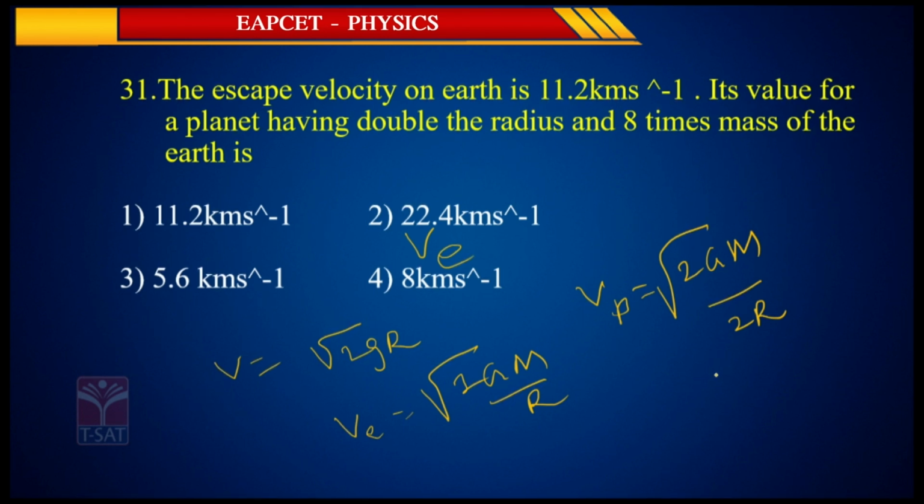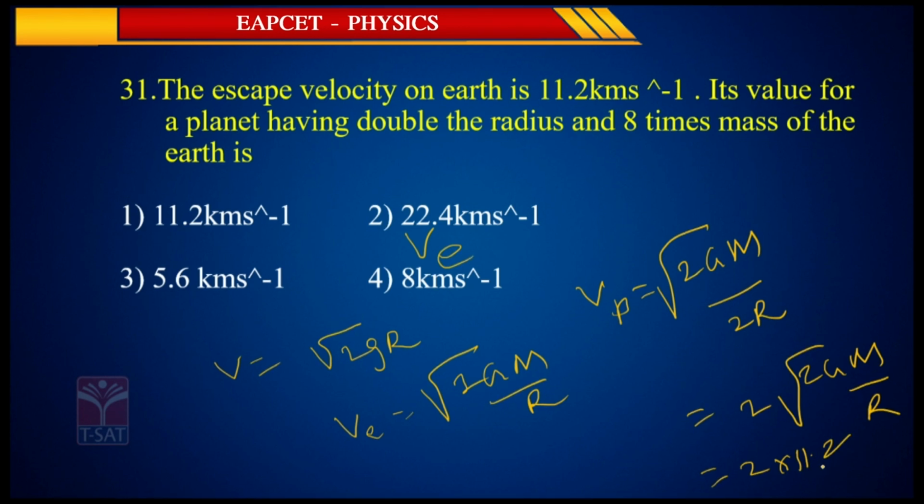Okay, here substitute the value, for a planet having double the radius. Therefore, that is 2 into under root of 2 G M by R. Therefore, here 2 times increases, that is 2 into 11.2.